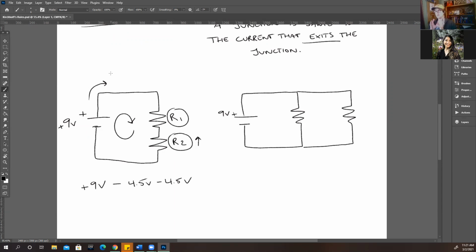I like to say the battery is supplying the voltage, so it's providing, so positive, and the light bulbs or resistors, they are consuming, so it's negative. And so in my mind, that's how I make sense of the negative voltage for these two.